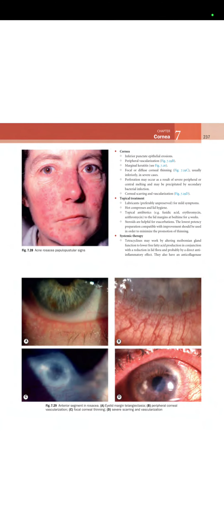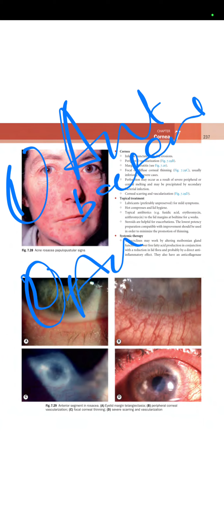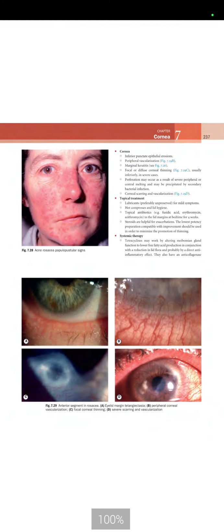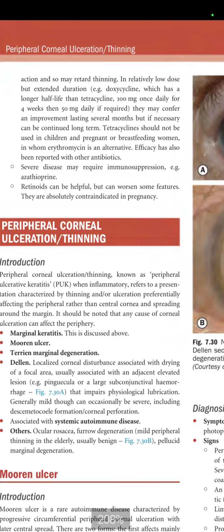What is the role of tetracycline? It has an antibacterial effect. Number 2, it has an anti-inflammatory effect, and number 3, it has an anti-collagenase effect. So they retard thinning in relatively low dose but extended duration.